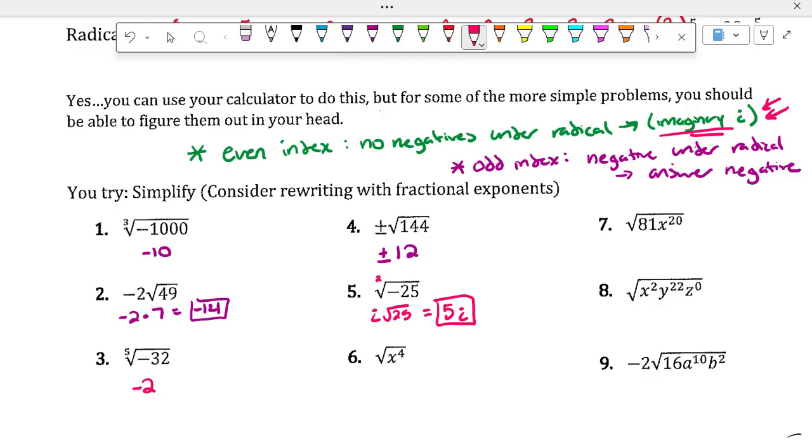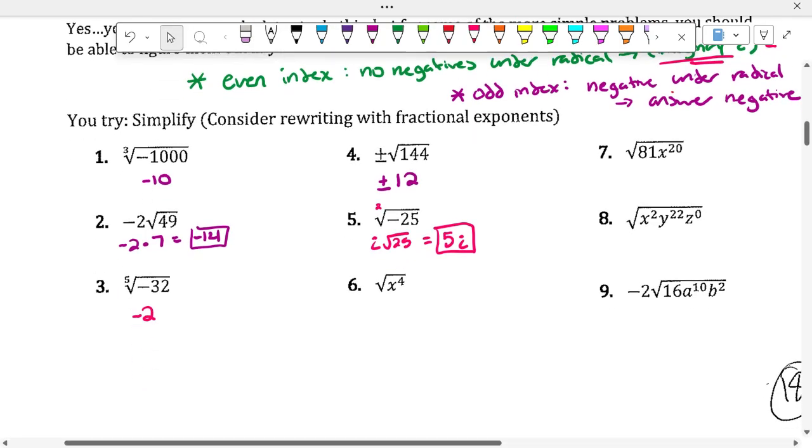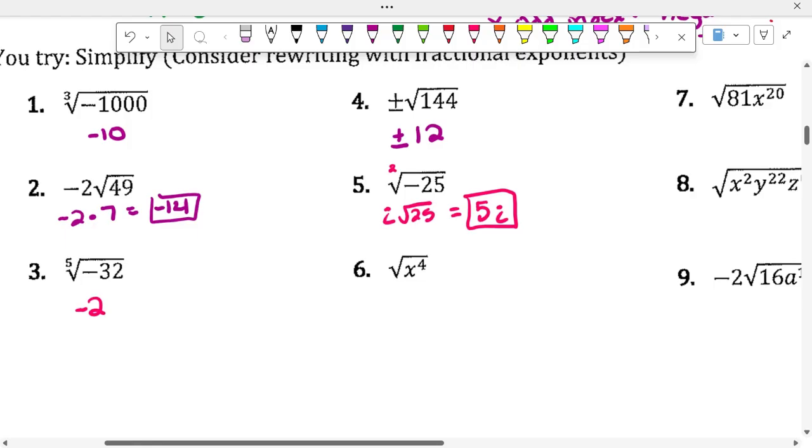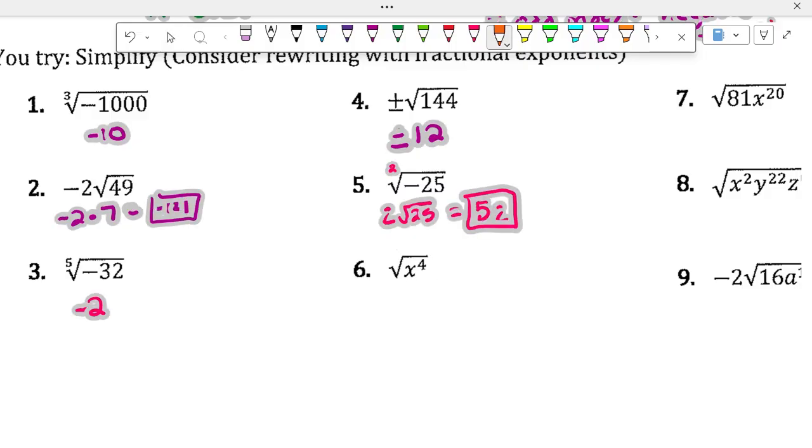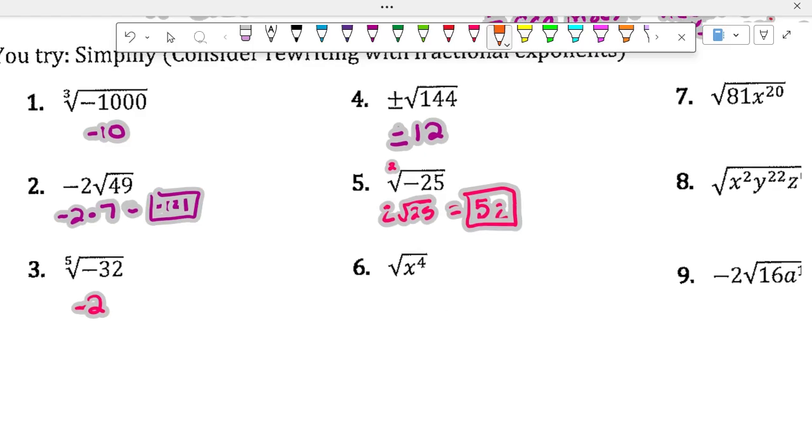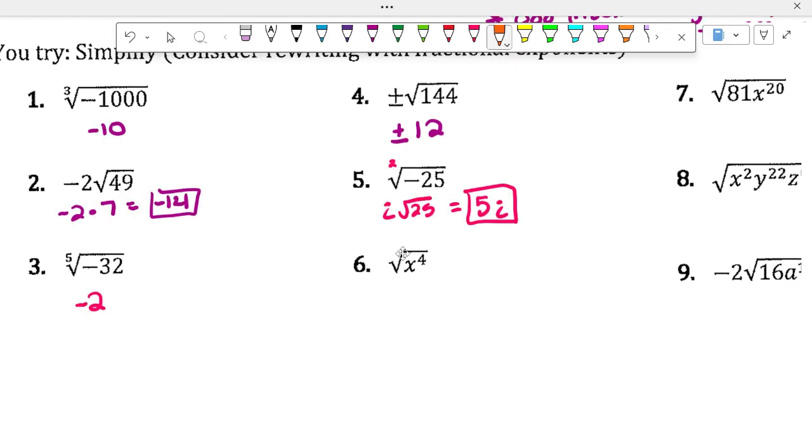Now, let's throw some variables into things. Think about this carefully. The square root of x to the 4th. Any even exponent is technically a perfect square because of the way you deal with exponents. Let's say we converted this to fractional exponents. It's a lot easier to see this way. If I convert this to a fractional exponent, what would it look like?